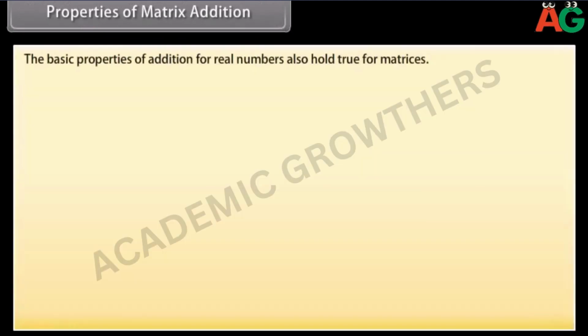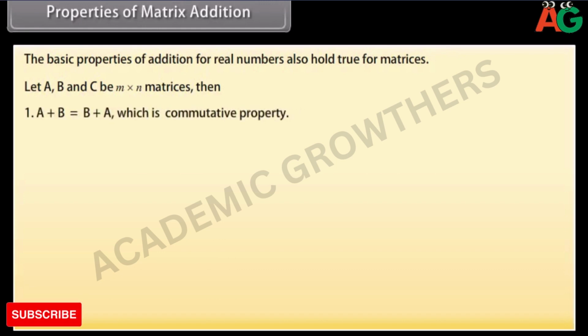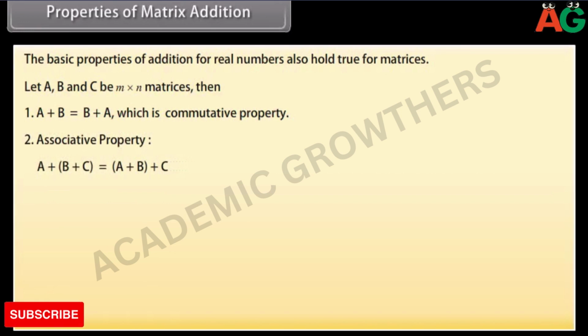Properties of matrix addition. The basic properties of addition for real numbers also hold true for matrices. Let A, B and C be m by n matrices, then A plus B is equal to B plus A, which is the commutative property. Associative property, A plus B plus C is equal to A plus B plus C, grouped in either order.